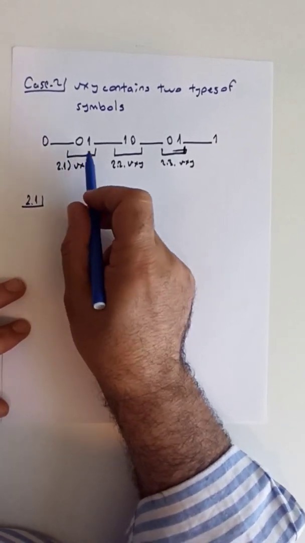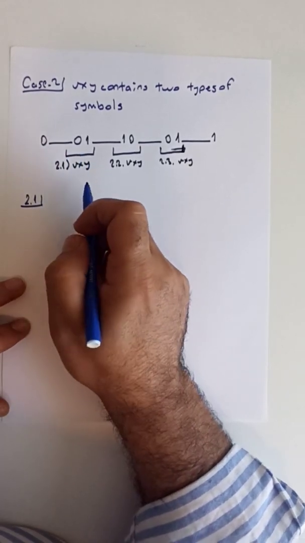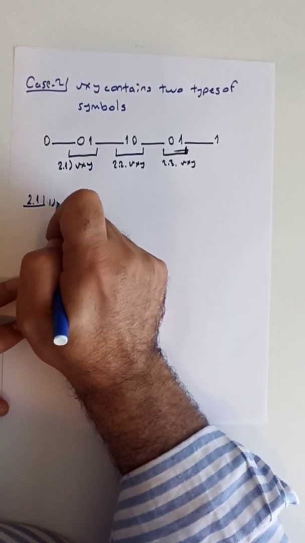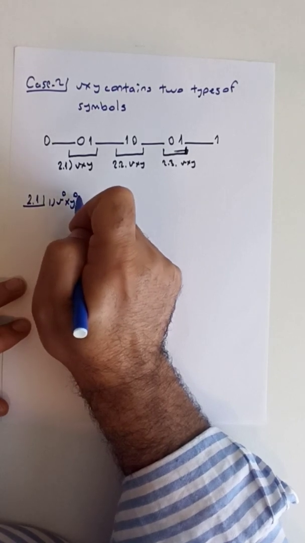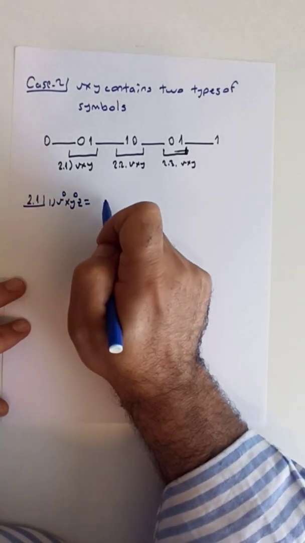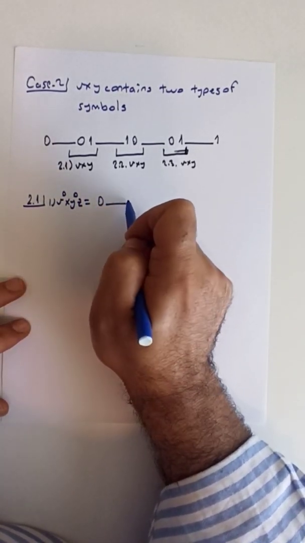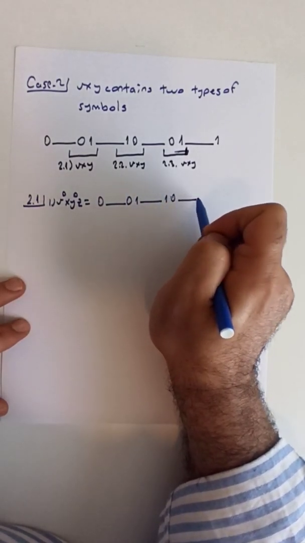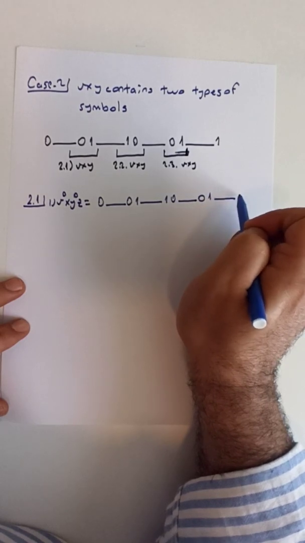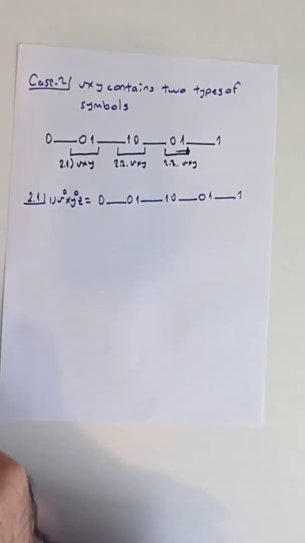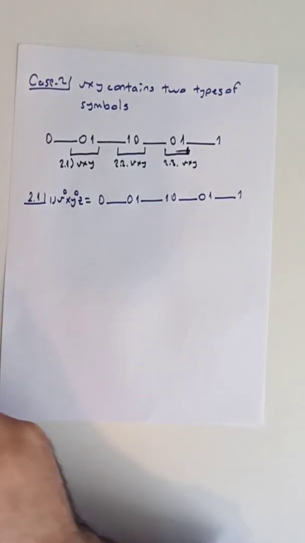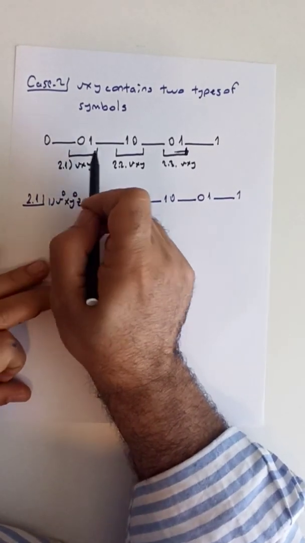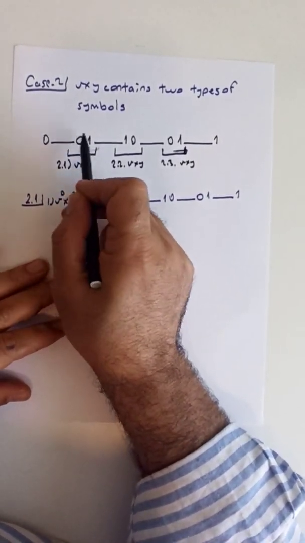For this scenario, let's think of our new string uv to the 0, xy to the 0, z. Let's see how it looks. A bunch of zeros followed by a bunch of ones followed by a bunch of zeros followed by a bunch of ones. vxy is within this range.